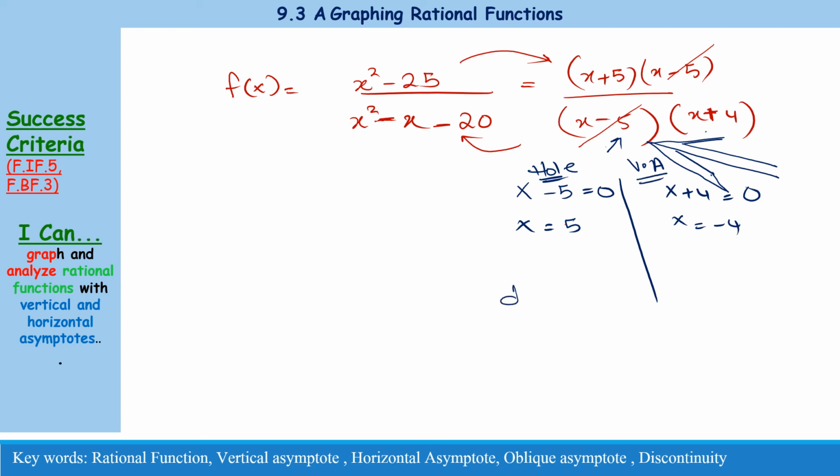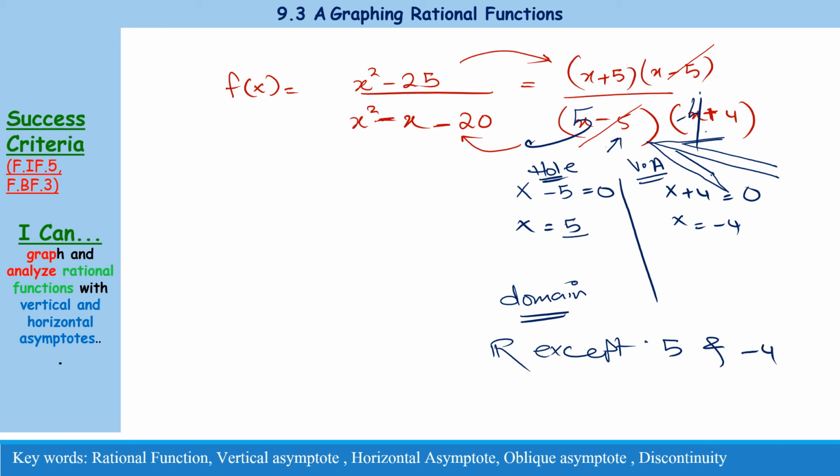Now if we write the domain, of course, if we write 5 here, it makes our denominator undefined, and if we write negative 4, it also makes our function undefined. So in this case, we can say that the domain is all real numbers except 5 and negative 4.